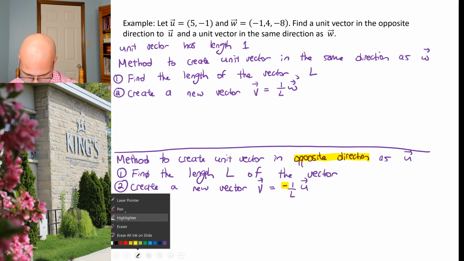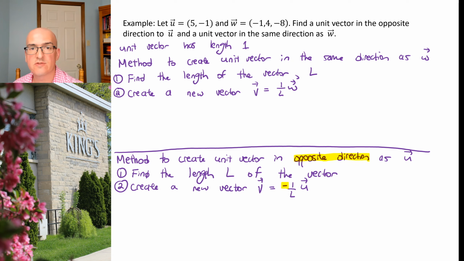So let's go and do these two recipes to answer the question. We're going to find the length of the vector w. So the length of w equals the square root of negative 1 squared plus 4 squared plus negative 8 squared.